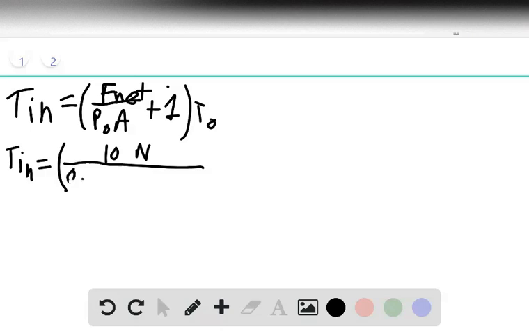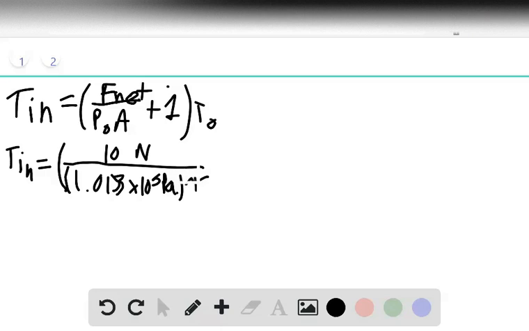So 1.013 times 10 to the 5th pascals. And this is so we can relate force to area. That's just one atmosphere, which is P naught.